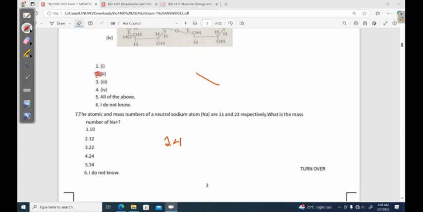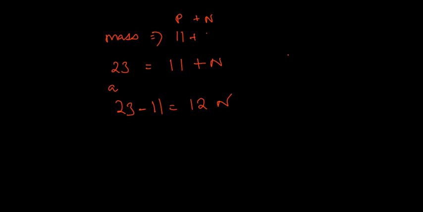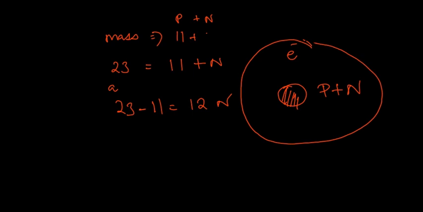Let's go back to the drawing board. All these electrons are negatively charged, right? Within your nucleus you have your protons and your neutrons, and of course the electrons are found around. So what do they mean when they say sodium plus?